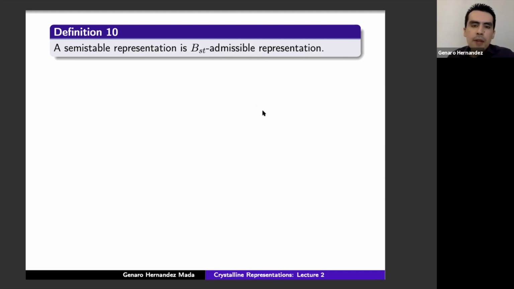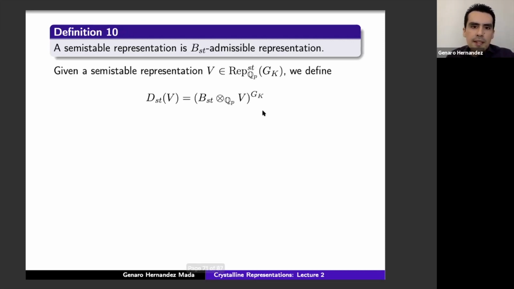Just for now, if you remember, in all cases, actually Rogelio talked about that in his course, we defined the Dieudonné module. So we would like to see the Dieudonné module for B_st, the D_st, which is just this, of course.